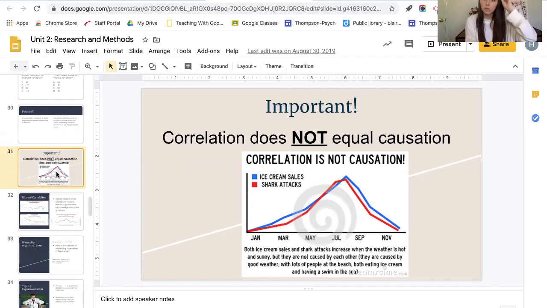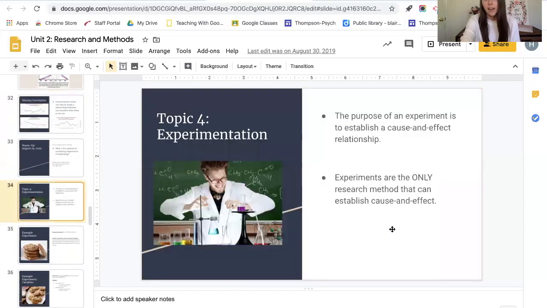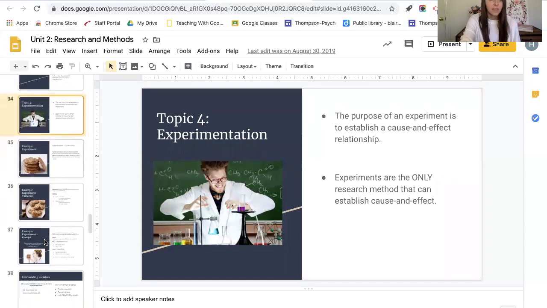It just means that those two things are related, probably because you eat more ice cream in the summer, you go to the beach more in the summer, and so therefore you have a more chance of a shark attack. But the only way that we can have cause and effect is if we're doing an experiment, right? And so I'm going to walk you through the different things of an experiment that you want to make sure that you have.